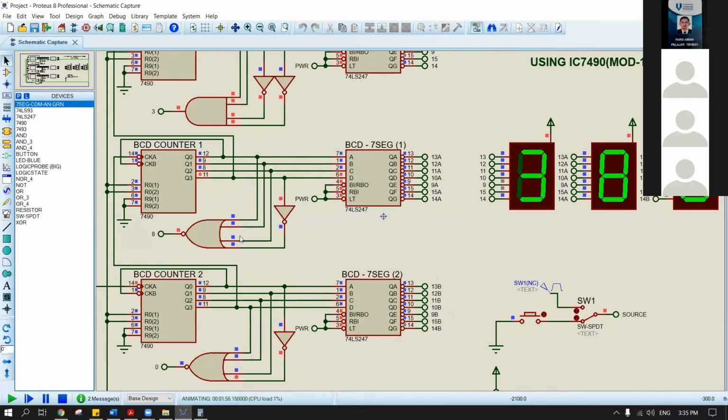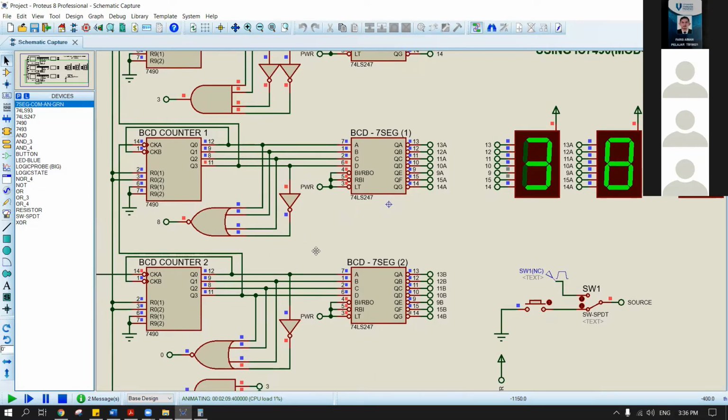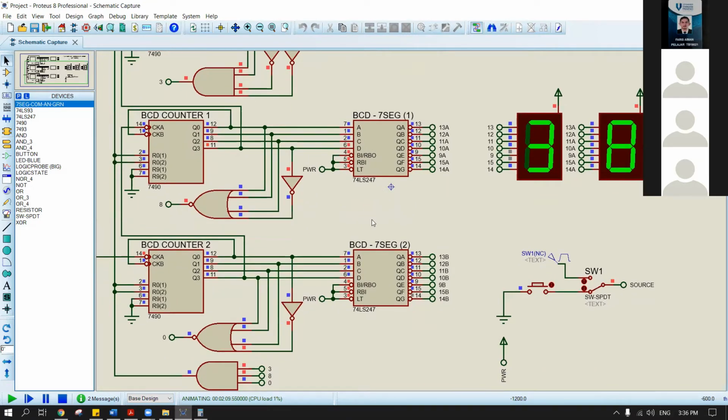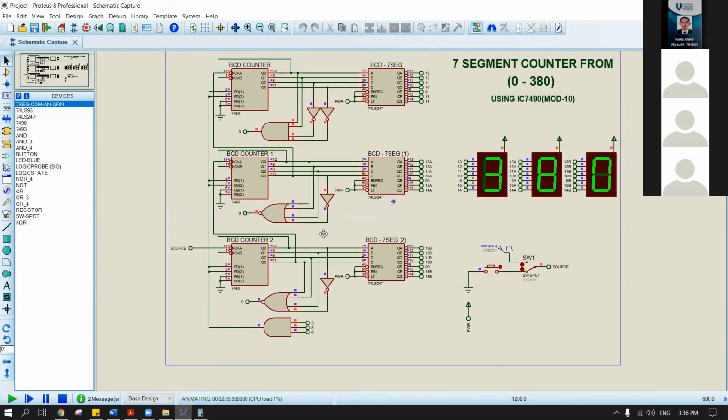Sorry, this is a NOR gate, okay. So the output will be high if all the inputs are low. Okay, are you clear about it before I move to the next part?